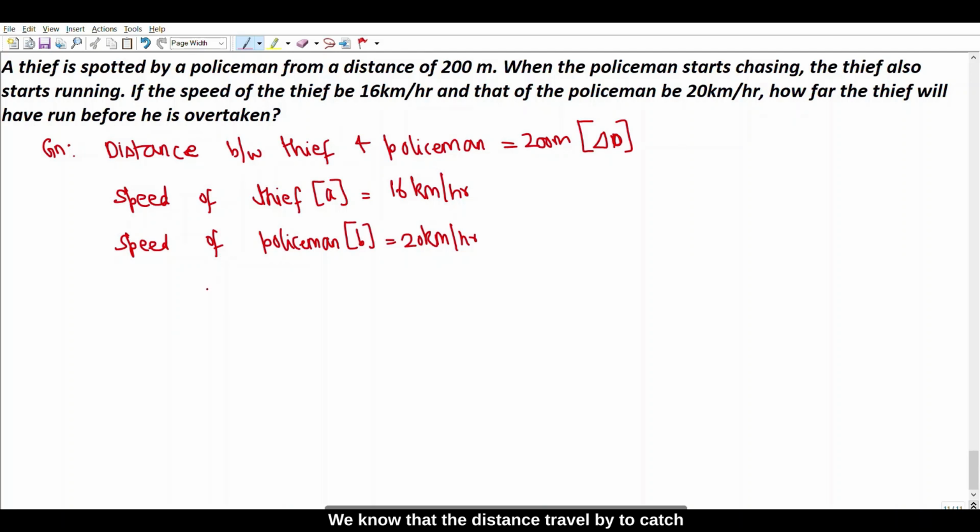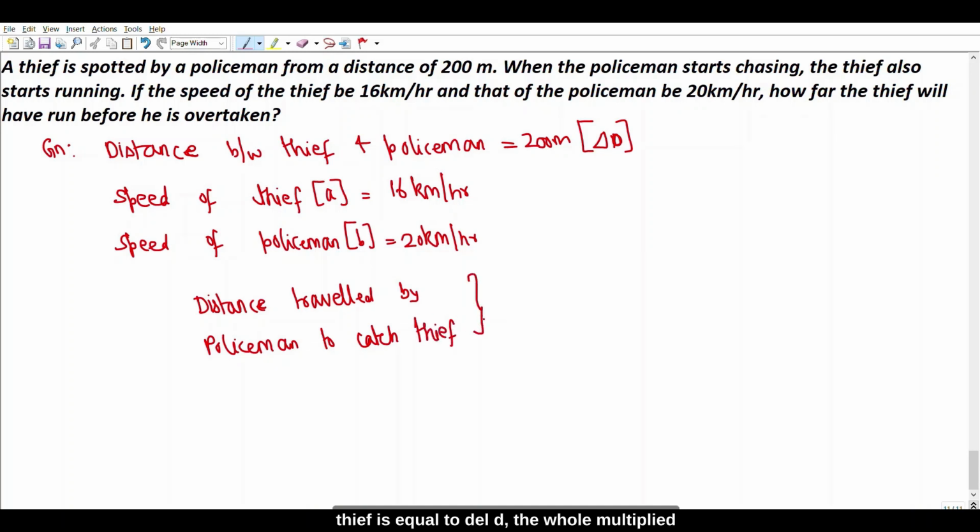We know that the distance traveled by policeman to catch thief is equal to delta D the whole multiplied by A divided by A minus B.